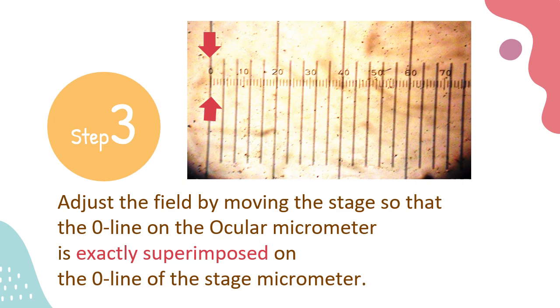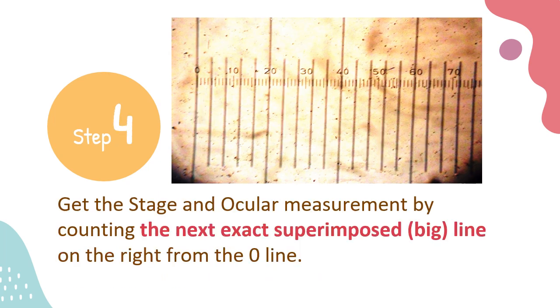So there is our exact superimposition at the zero line. After that, to get the stage and ocular measurements, find the next perfectly superimposed line to the right from the zero line. So for me, it's easier to use the big lines because you can easily spot the superimposition.